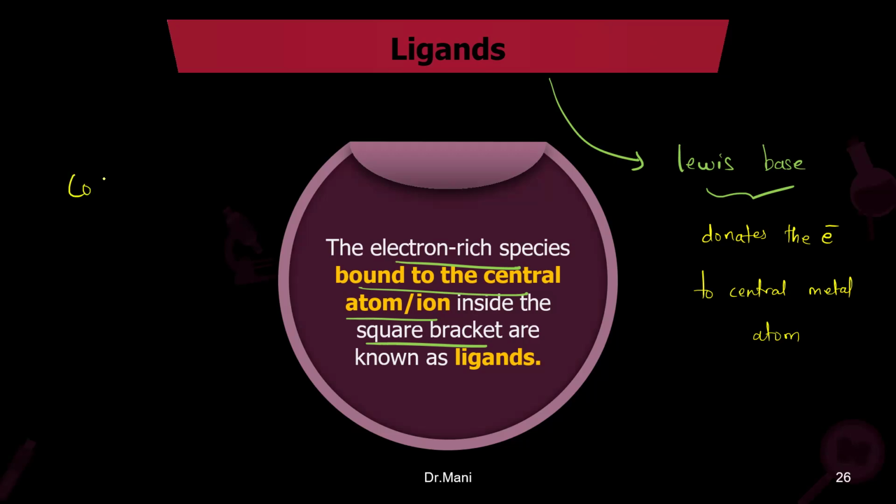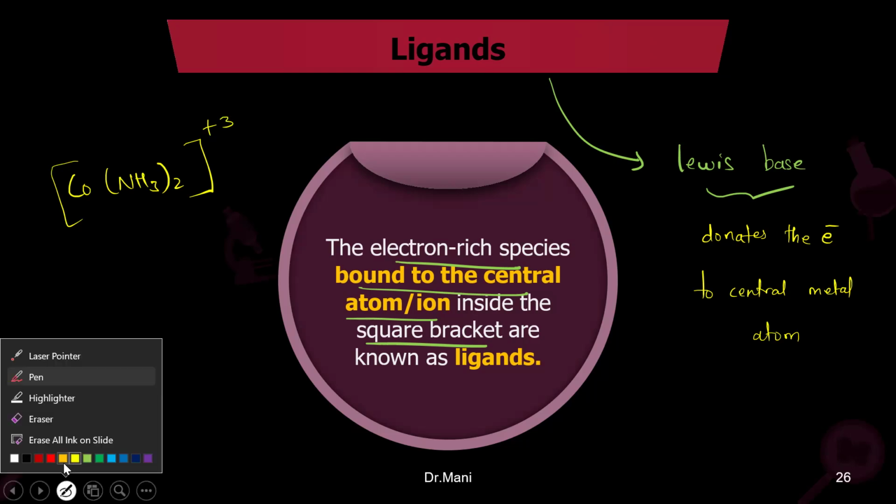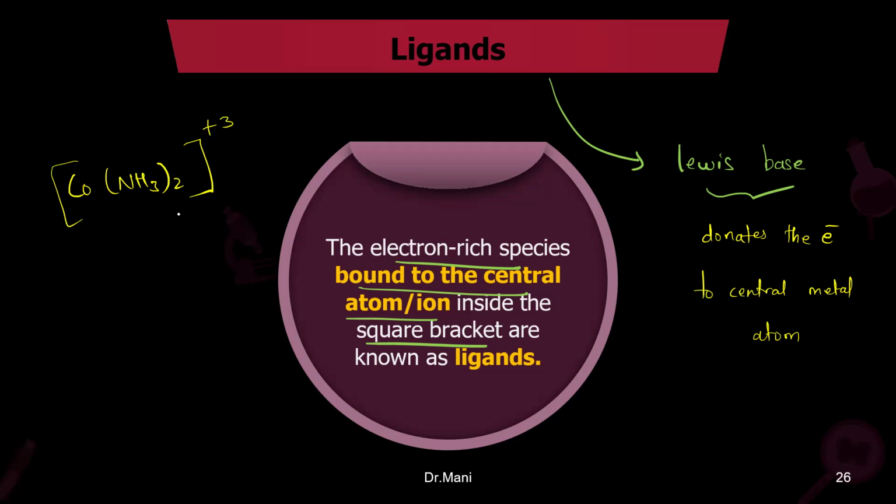Okay. So you can take the example here, [Co(NH3)6]3+. So in this example, the ligand is NH3. Okay. And how many ligands are there here? 2 ligands are there.